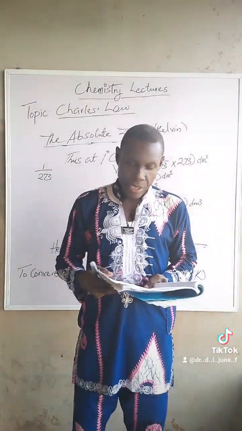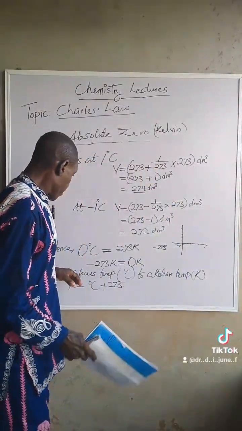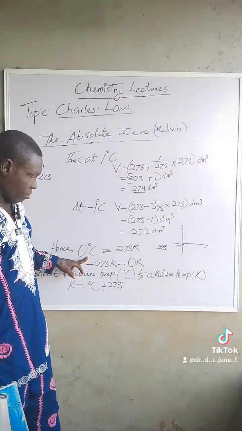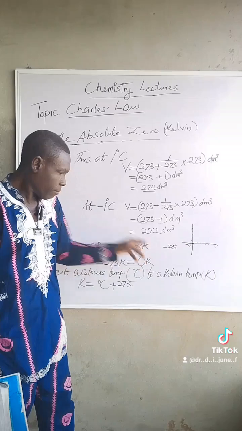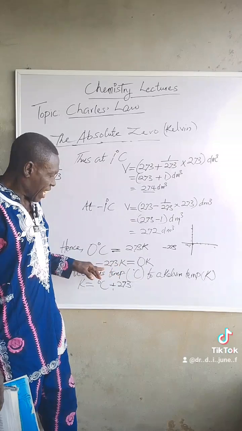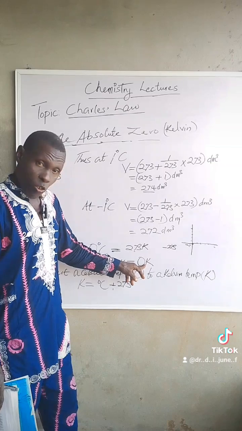So it is called the absolute temperature scale. Hence, 0 degrees Celsius will be equal to 273 Kelvin. That means that when Kelvin is 0, the temperature is minus 273 degrees Celsius.